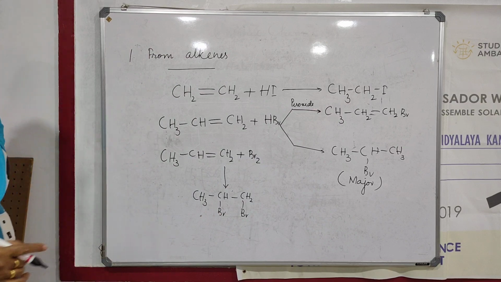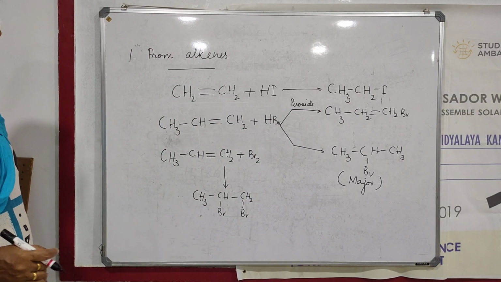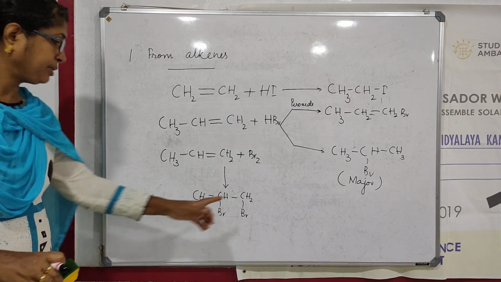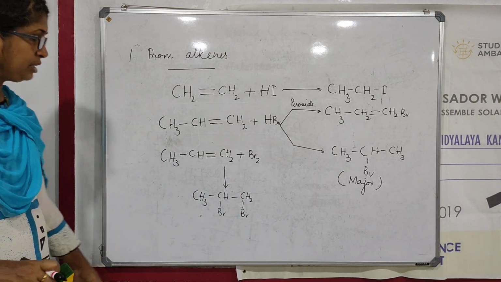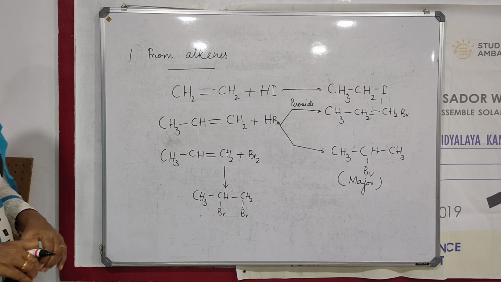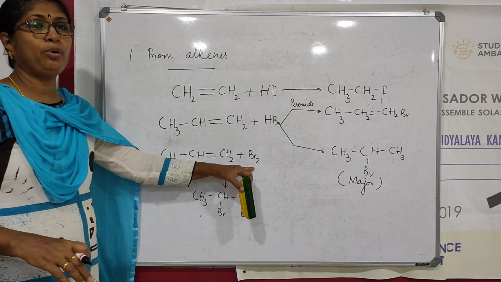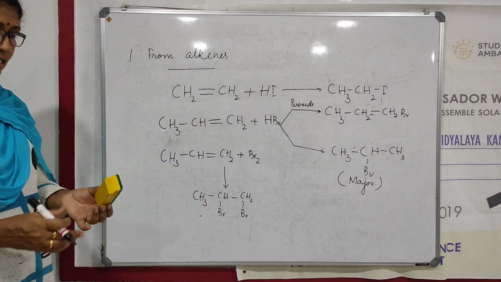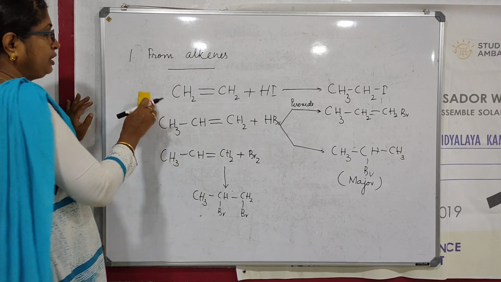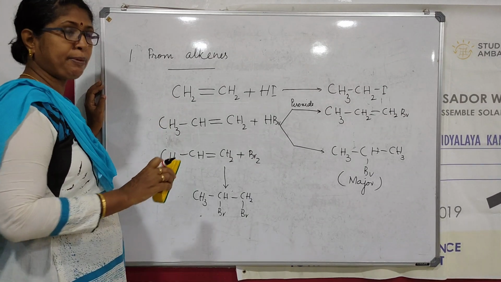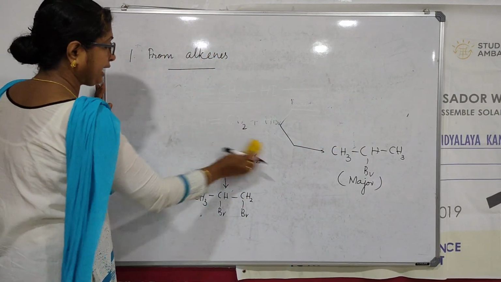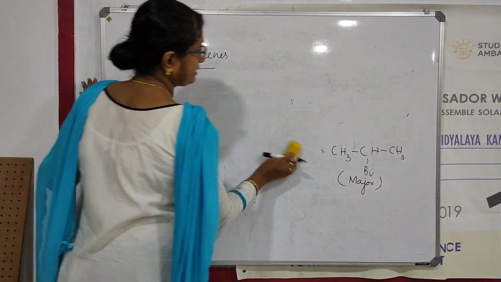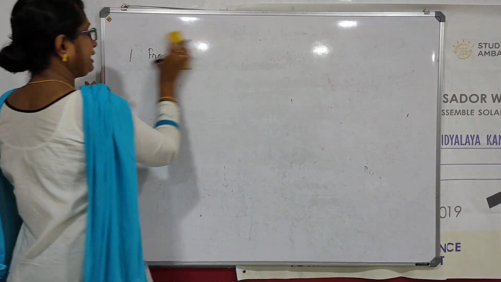They are called vicinal dihalides. You will get a vicinal dihalide because the two halogens are on nearer carbon atoms. So we call them vicinal dihalides. Last year you studied these reactions. So this is another method for the preparation of alkyl halide from alkenes.